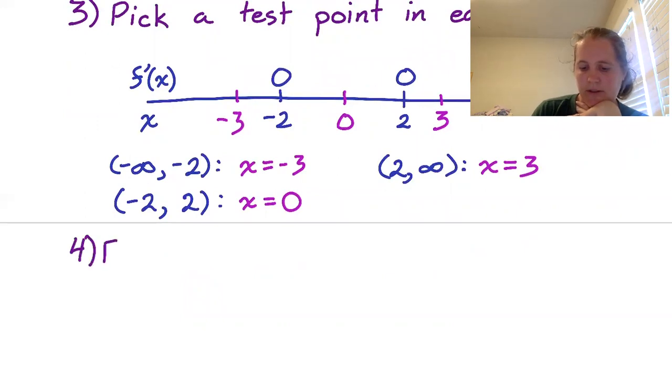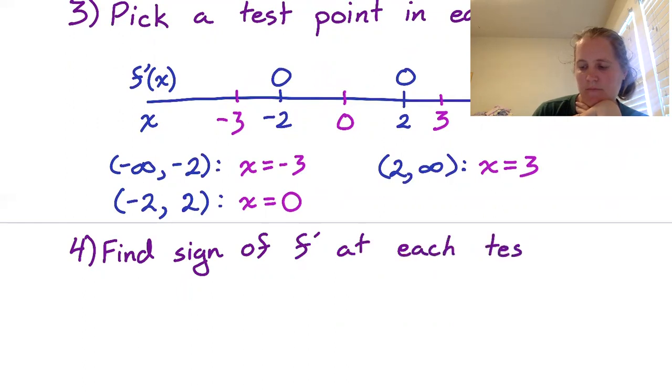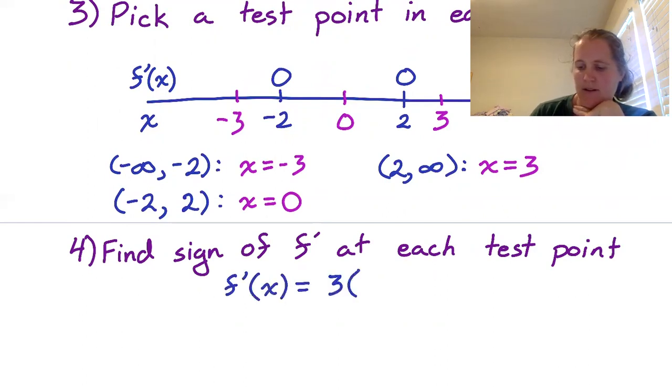So now we need to find the sign of f prime at each test point. So again, just a reminder that f prime of x was equal to 3 times (x plus 2) times (x minus 2).